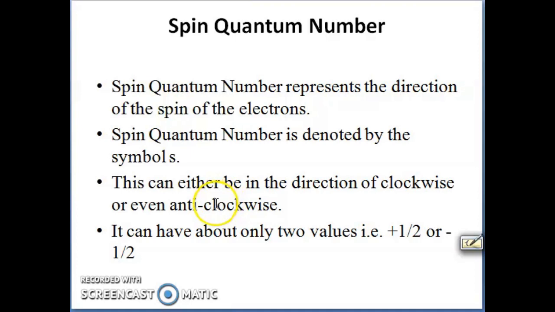Hence there are only two possible values: plus half or minus half. These are all the four quantum numbers which help us determine the information regarding the electrons.